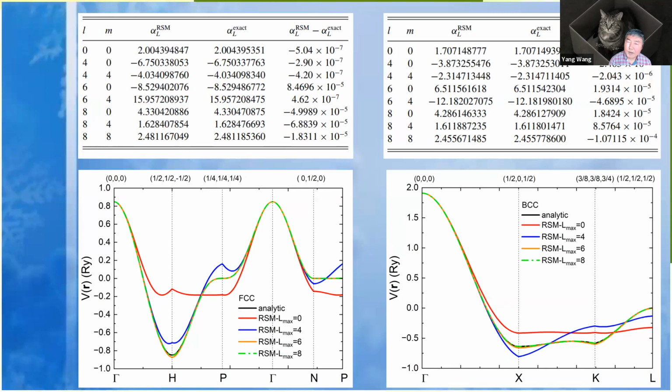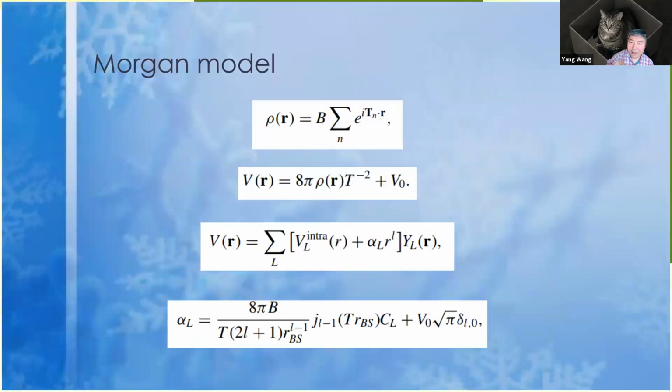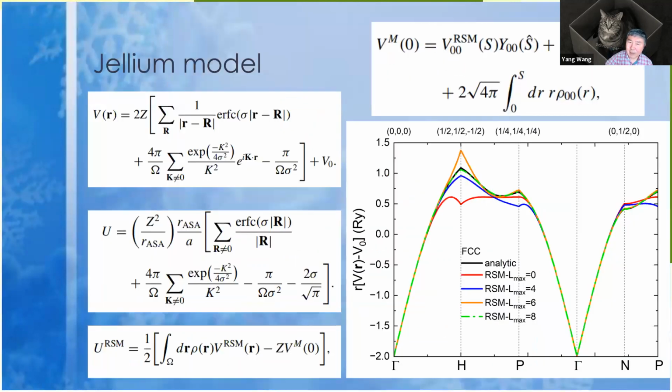Another question is, you have the Lmax for the A sub L. Can it be different from the Lmax for charge density? For that, I use the same Lmax. I use the same Lmax for AL, alpha AL, and the charge density.